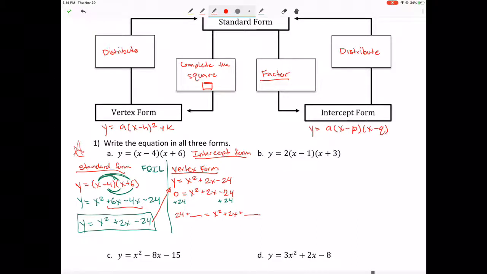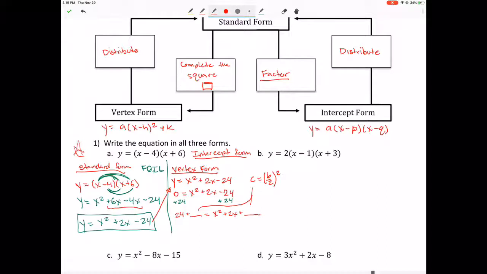All right. So I left a spot for both sides, because if you do something on one side, you have to do it to the other side. And what goes in these two spots will always be our new constant, which is (b/2) squared.